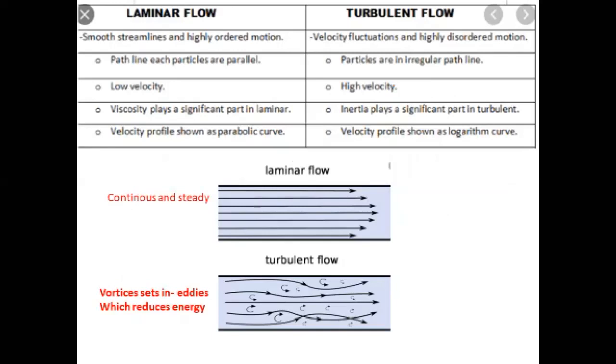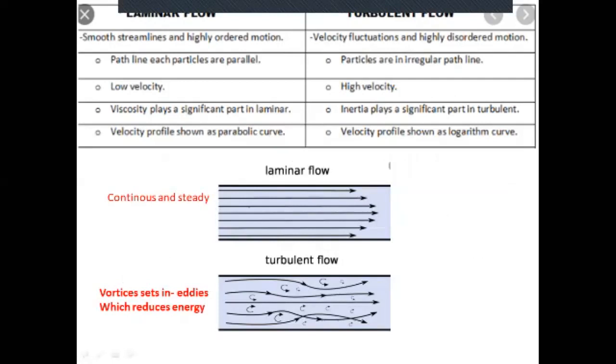So basically, laminar flow, or what you call streamline flow, is the kind of flow which is continuous and very steady, and you can see that the particles move in distinct layers. They have different velocities, but the velocity is low, and therefore there is an orderly kind of flow.